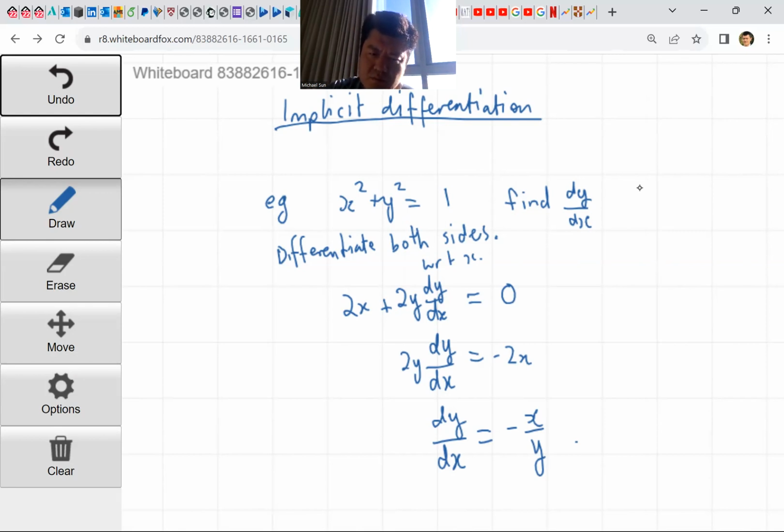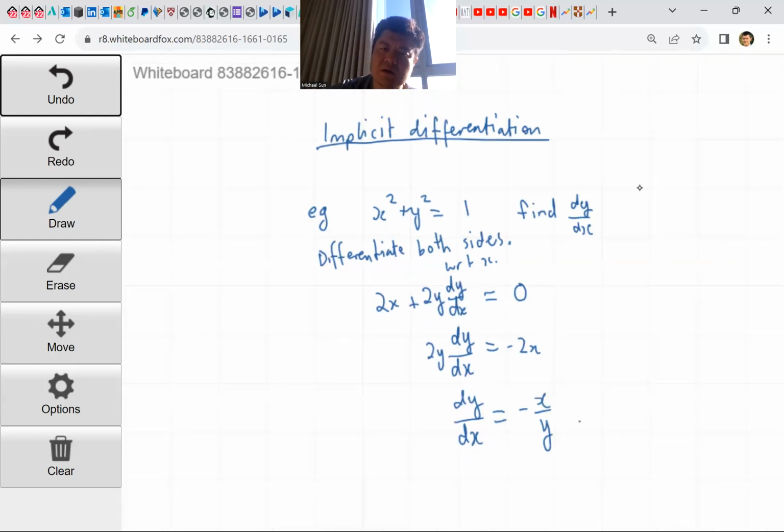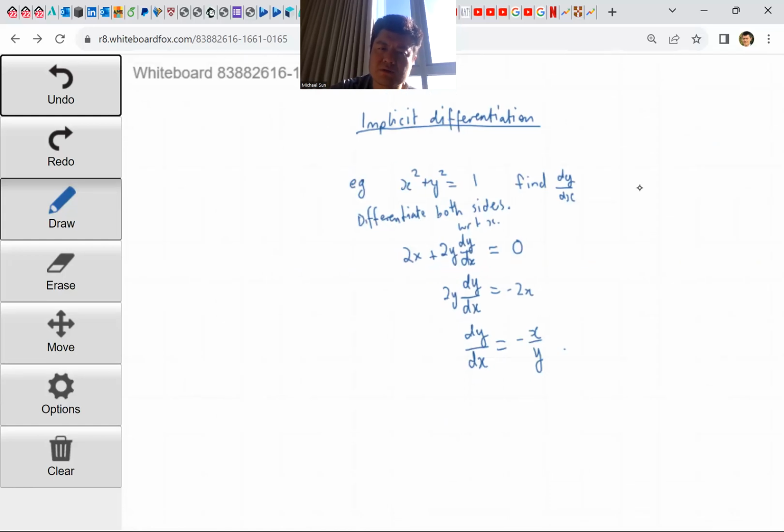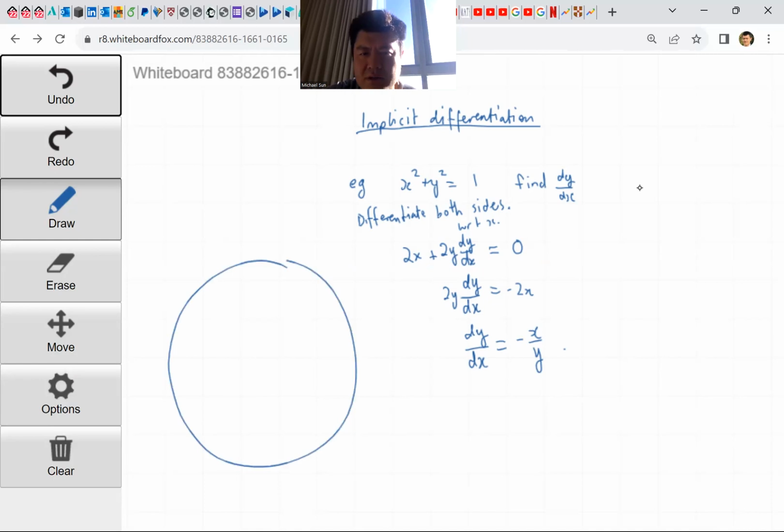When differentiating, you're taught that differentiation is something that you do to functions, and well, we just did it too. So we actually have a circle. x squared plus y squared equals 1 is a circle, and a circle isn't a function. So if it isn't a function, then how is it that we're allowed to differentiate y?